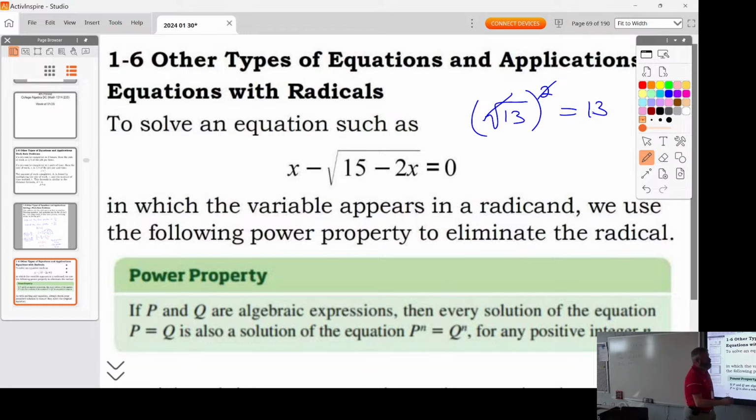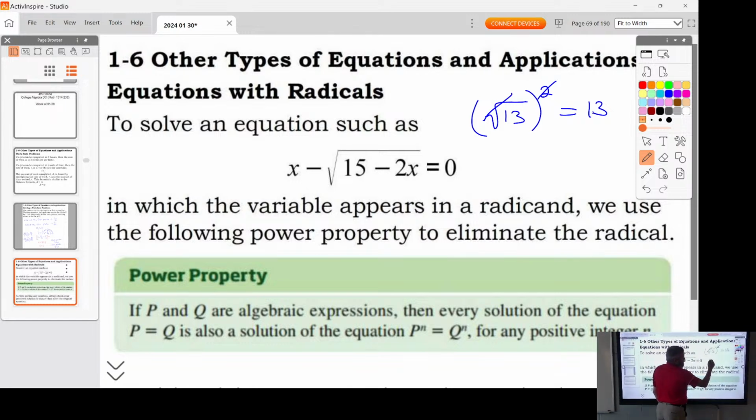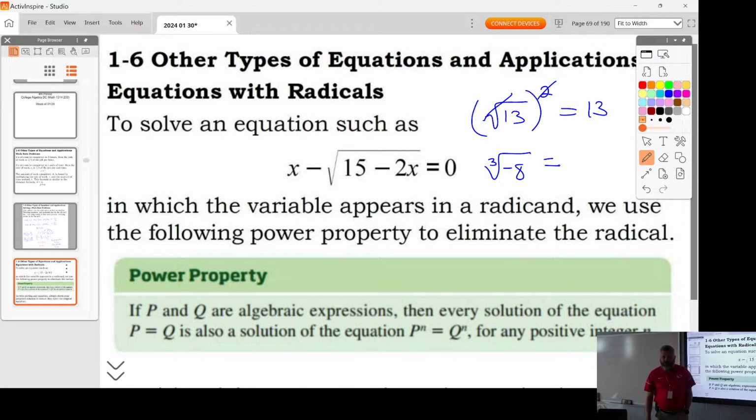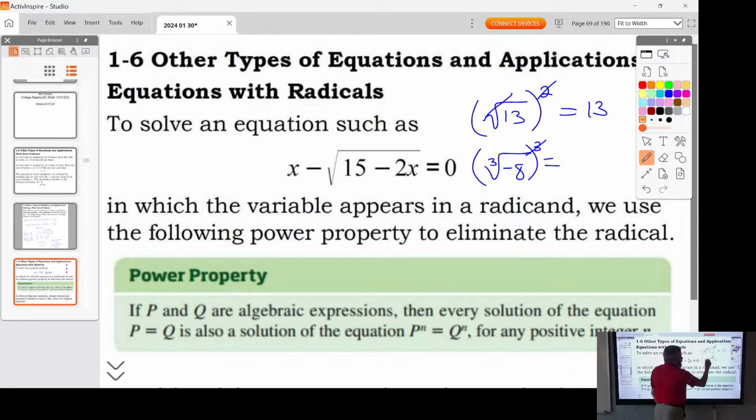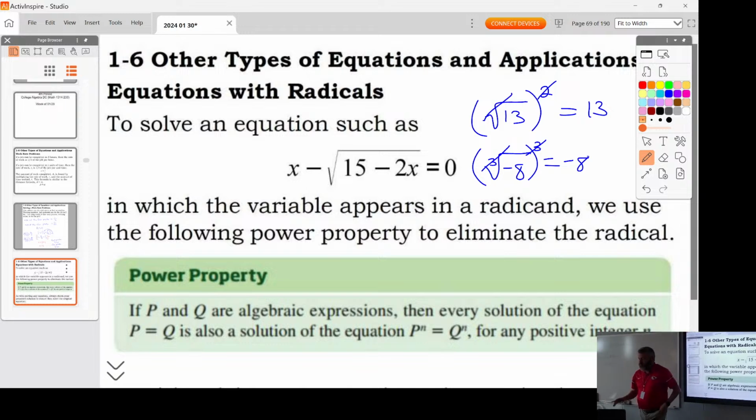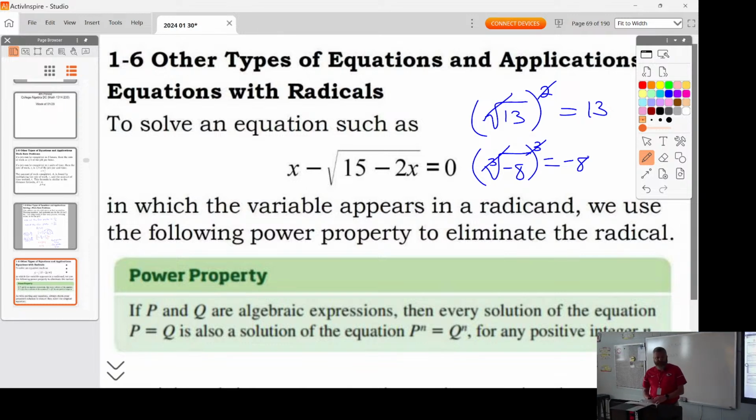What if I had the cubed root of negative 8? How do I get rid of a cube root? You cube it. Because a cube cancels a cube root, leaving me with negative 8. They're inverse operations. They cancel each other out. Okay?